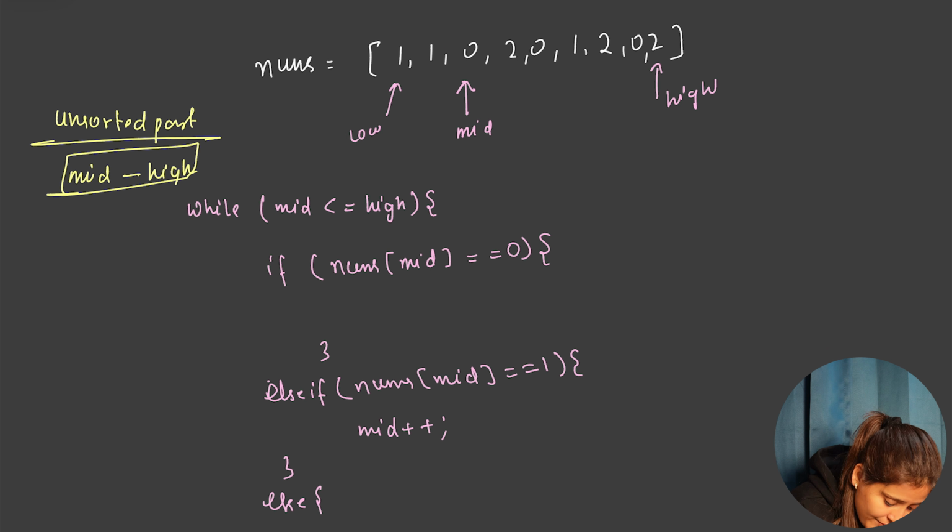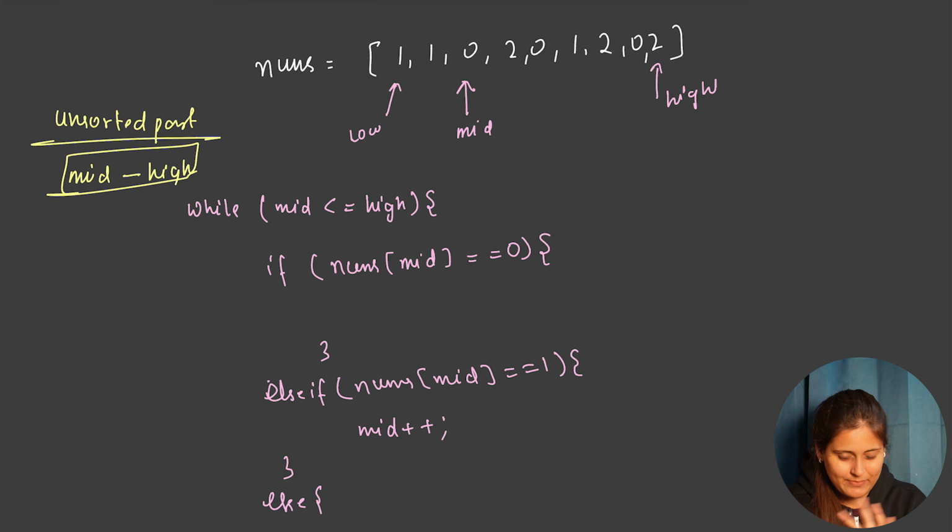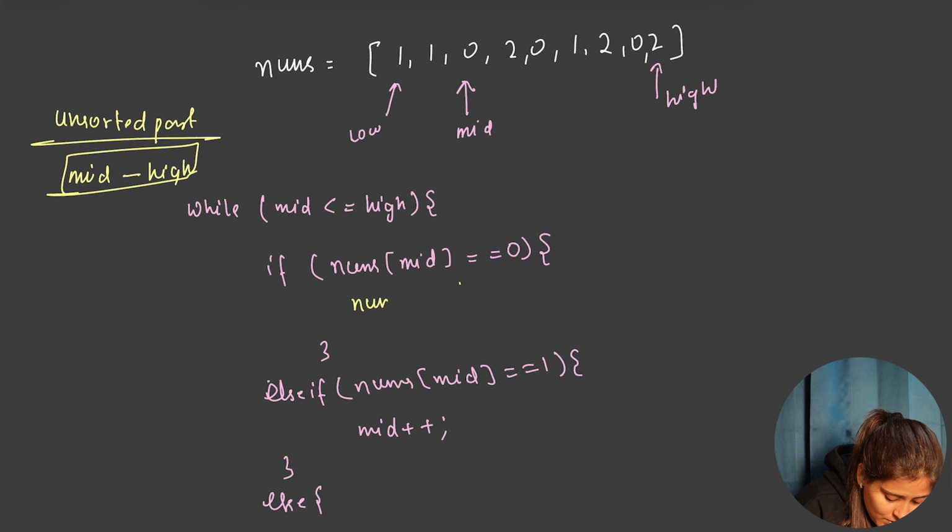So now we found that the mid value is 0, so this 0 will be given to low and whatever is present at low will be given to mid. So we will swap these basically. We will write nums of mid, and we give it whatever is present at nums of low, which is 1.